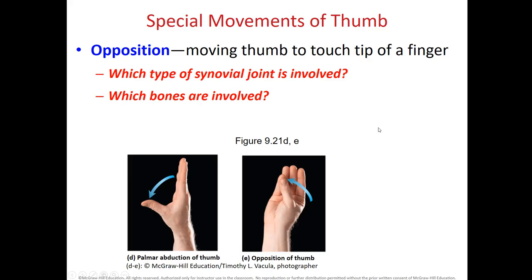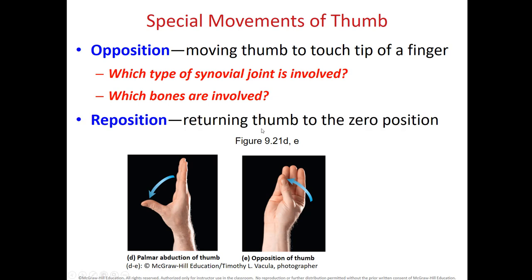This is important because of the synovial joint that's involved. This is a saddle joint. The two bones that are involved are the trapezium of the carpals and your first metacarpal. Reposition is the term we use when we talk about the thumb going back to zero position.